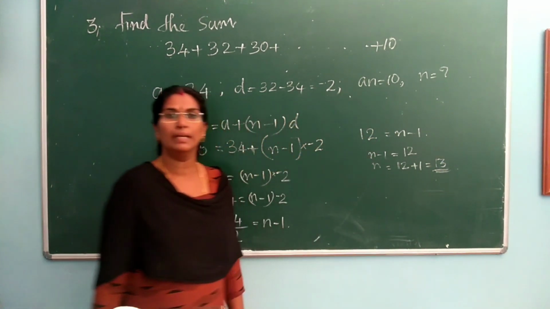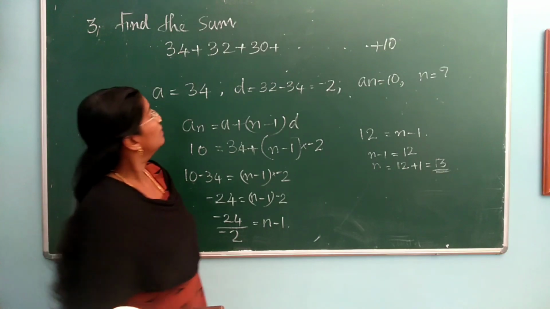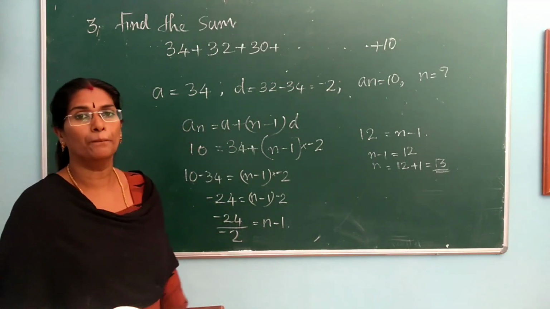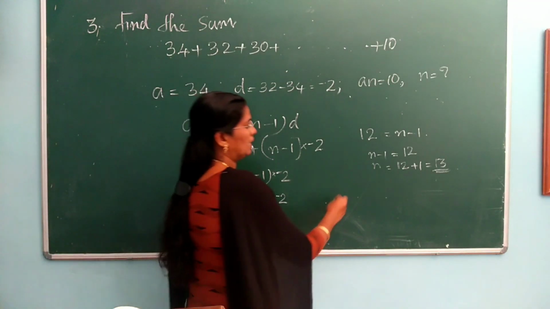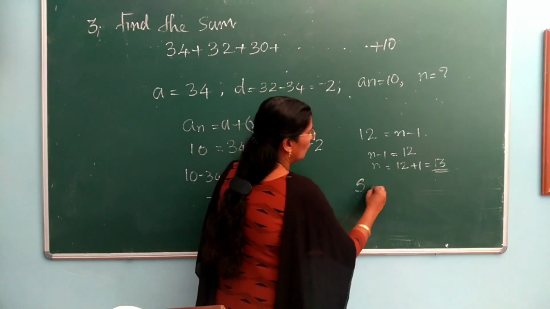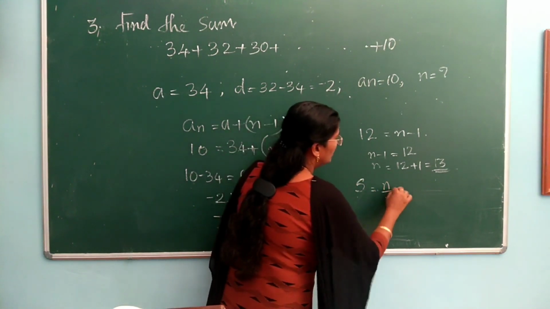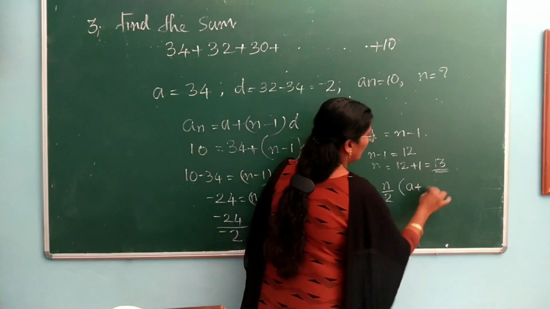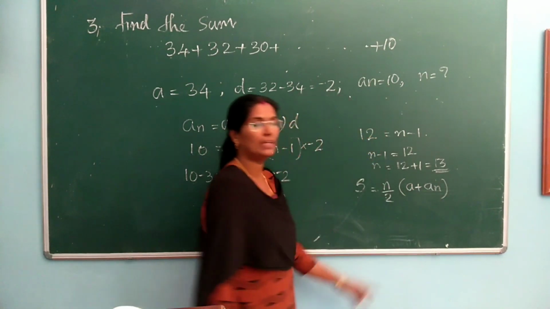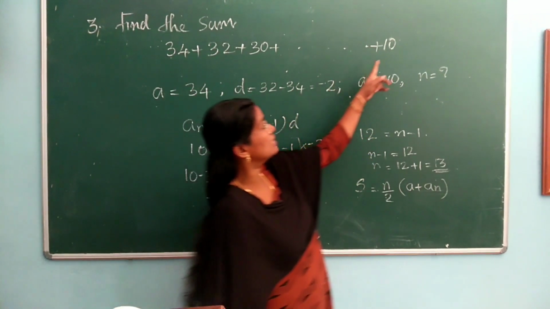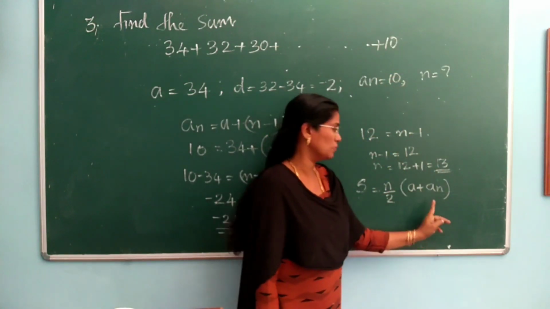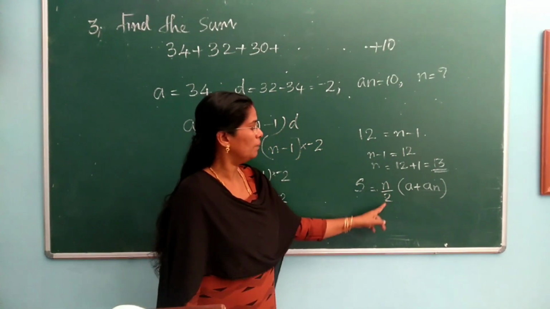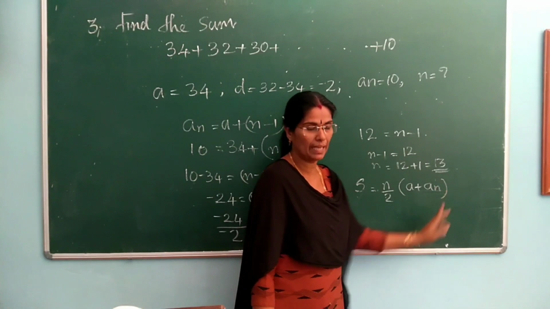Number of terms is 13. But our question is find the sum. The second formula: S is equal to n by 2 into a plus an. So we can apply this formula because the last term is given. S is equal to n by 2 into a plus an.